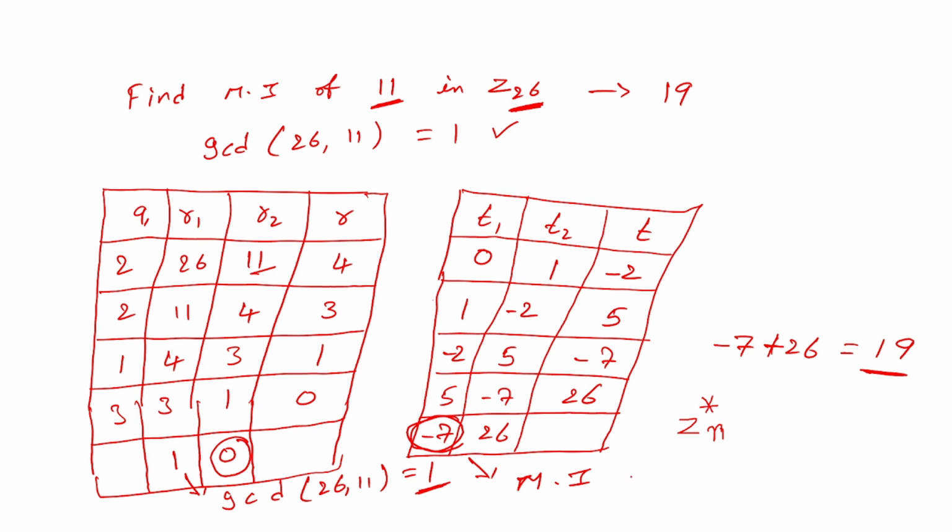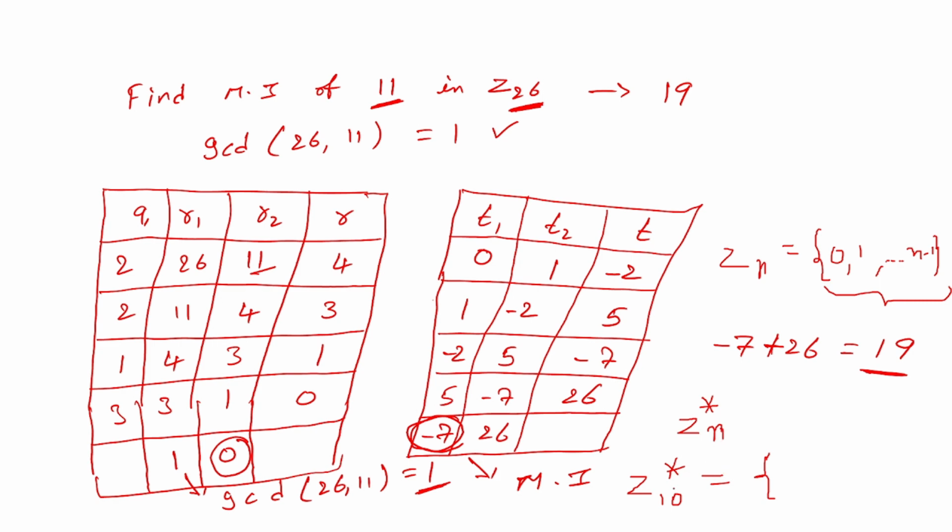For example, Z10 star is equal to, from Zn means 0, 1 and so on, n minus 1. So from these values, whatever the values that contain multiplicative inverses, it is called Zn star.